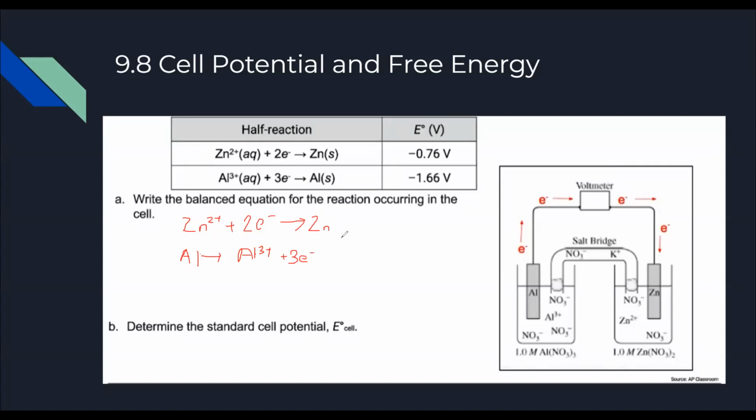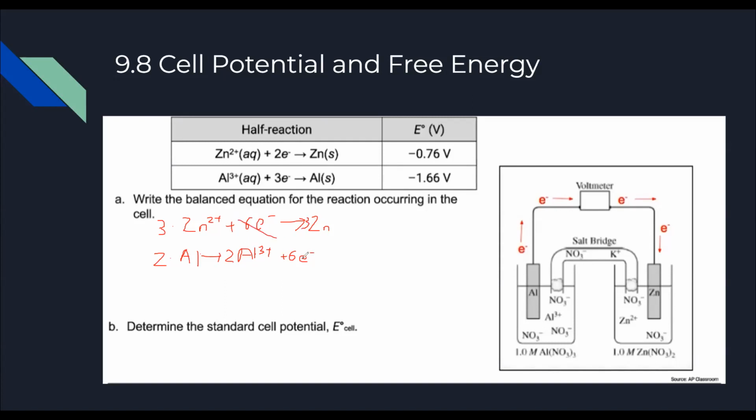And so what you have to do is find the number of electrons that would match up. There's 2 electrons for Zn, 3 electrons for Al, so you have to find a common number, which would be 6. You have to multiply the zinc by 3 and the aluminum by 2. So 2Al makes 2Al3+ and 6 e-, and you have 3 Zn2+ plus 6 e- makes 3 Zn.